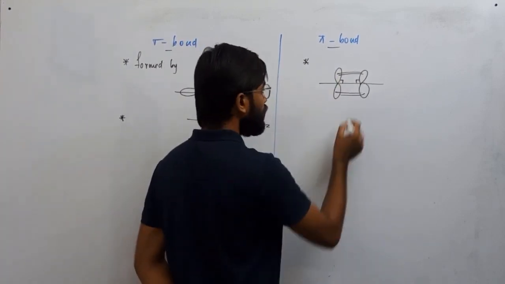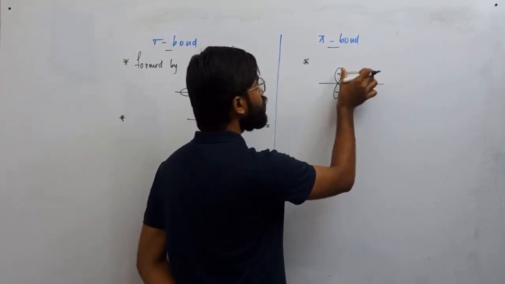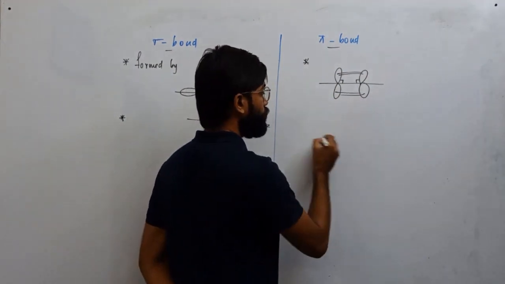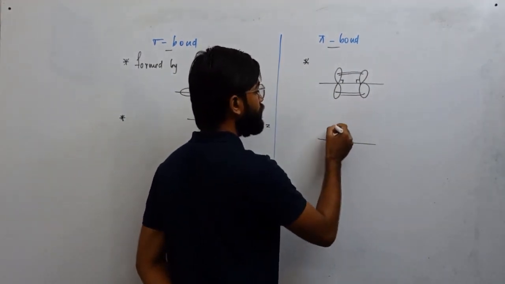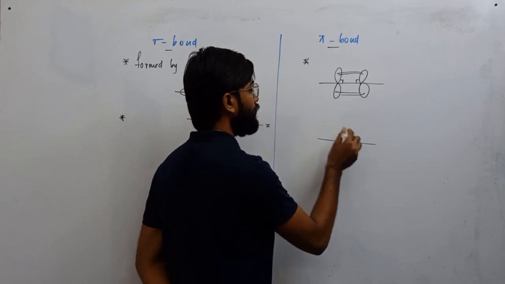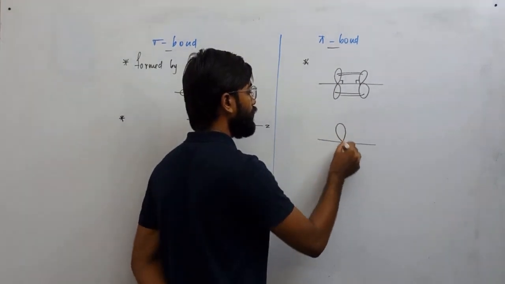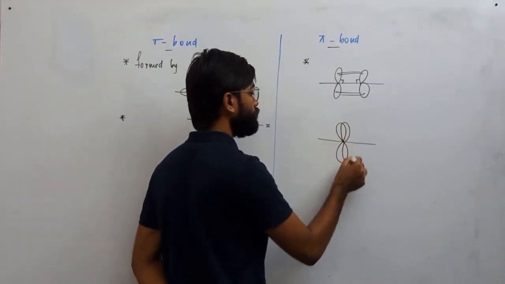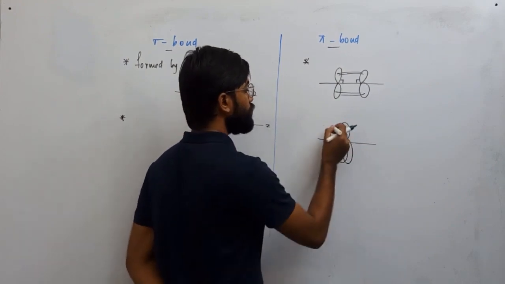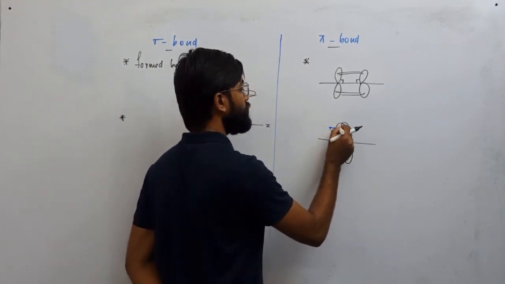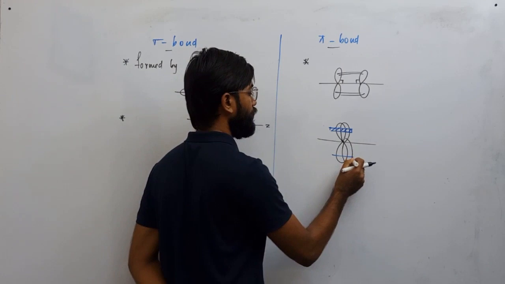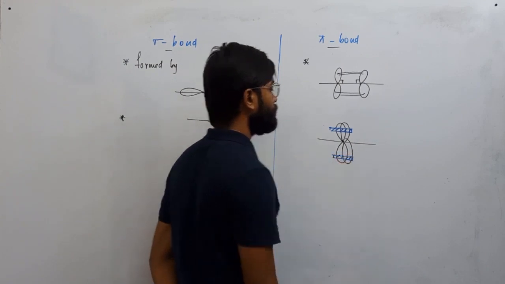What about here? Here the overlapping is at the top and bottom positions. So there is formation of electron density on an upper plane and on a lower plane.